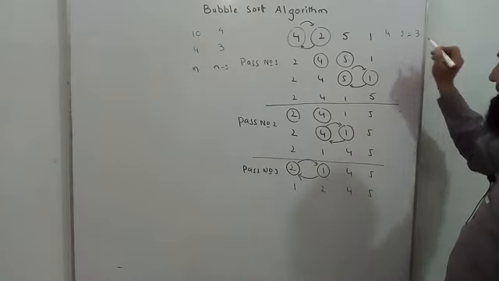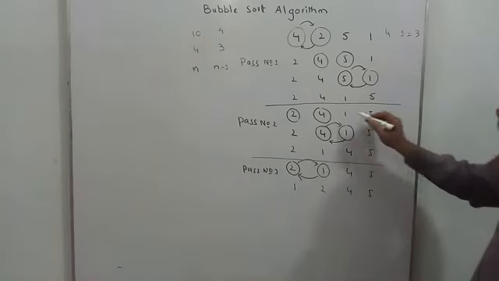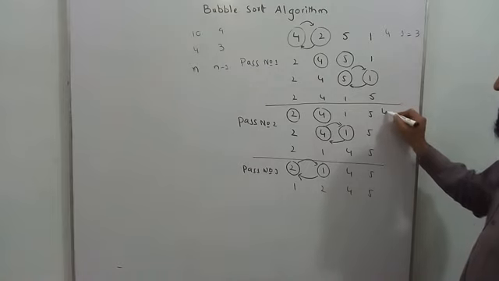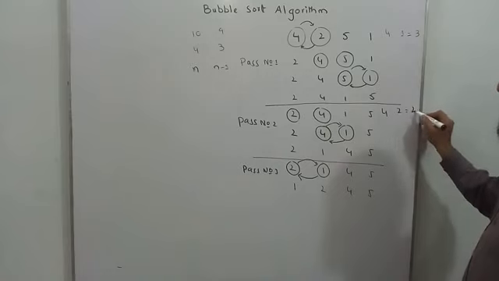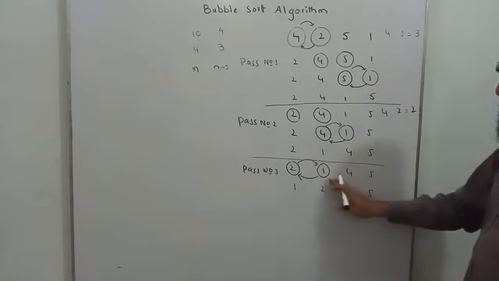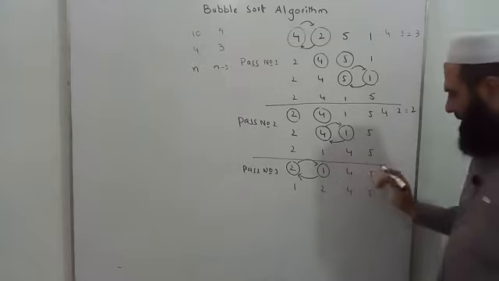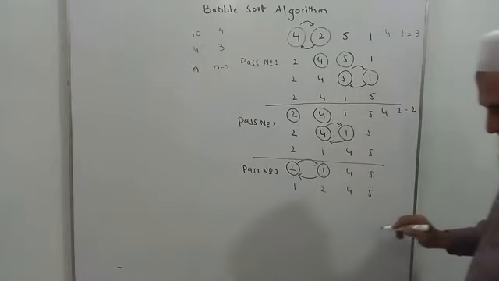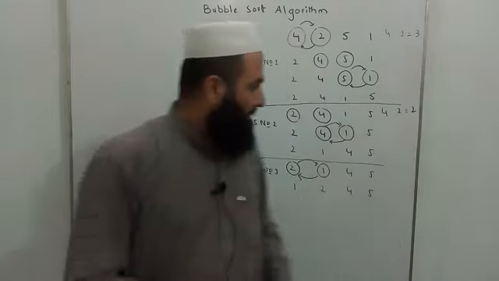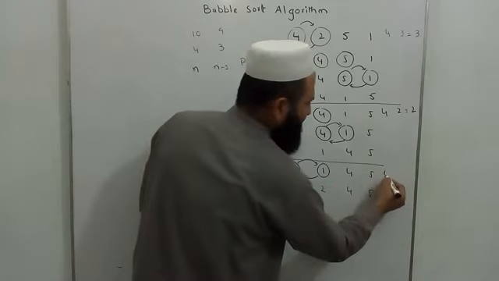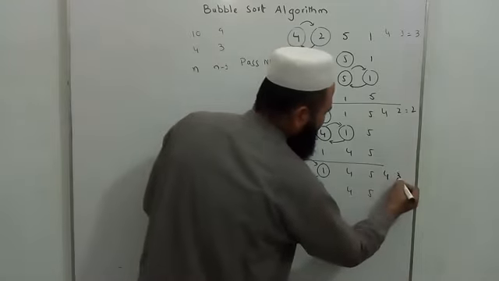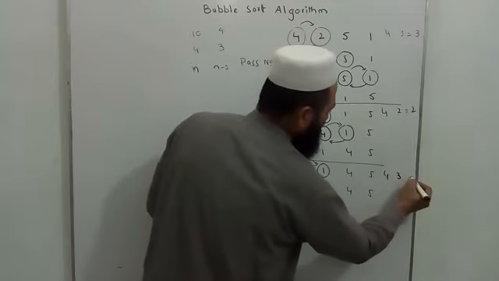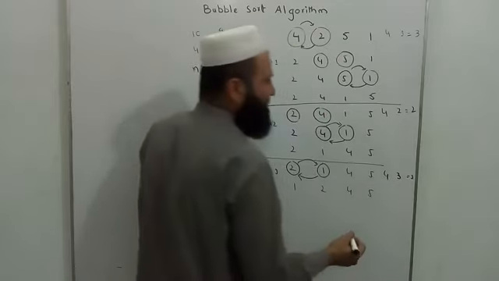Similarly, in the second pass the number of items is again 4, the pass number is 2, and the number of comparisons is 2. In the third one, the total number of items is 4, the pass number is 3, and the number of comparisons is 1.